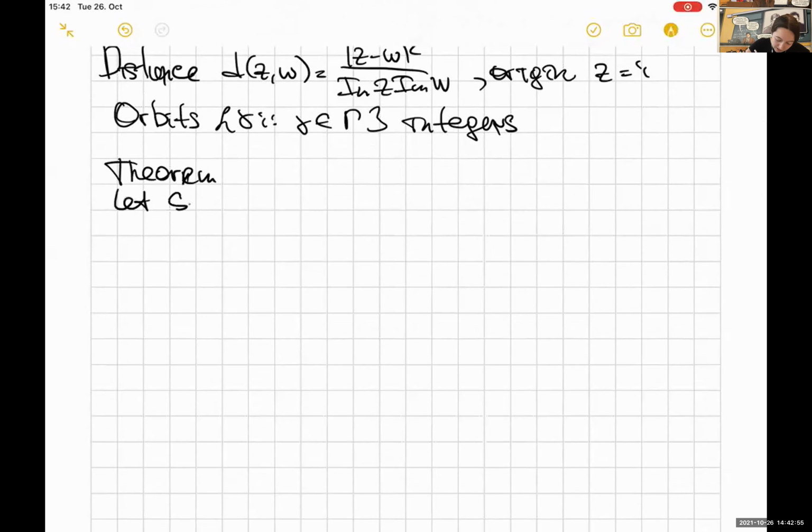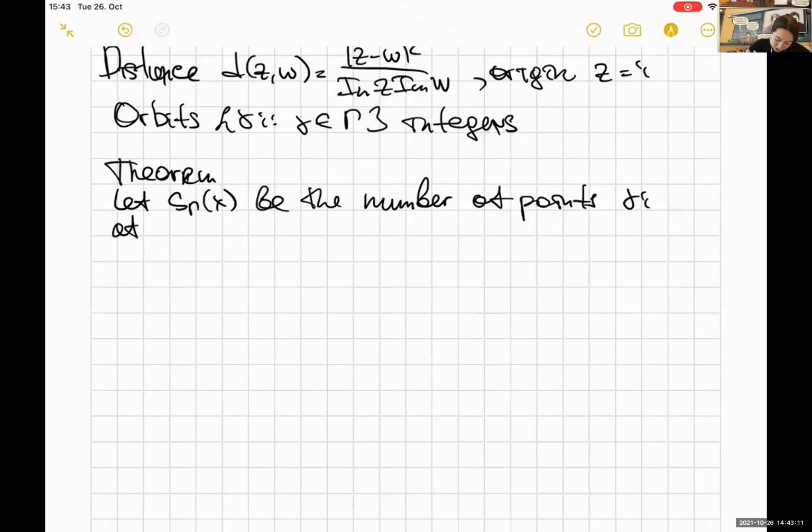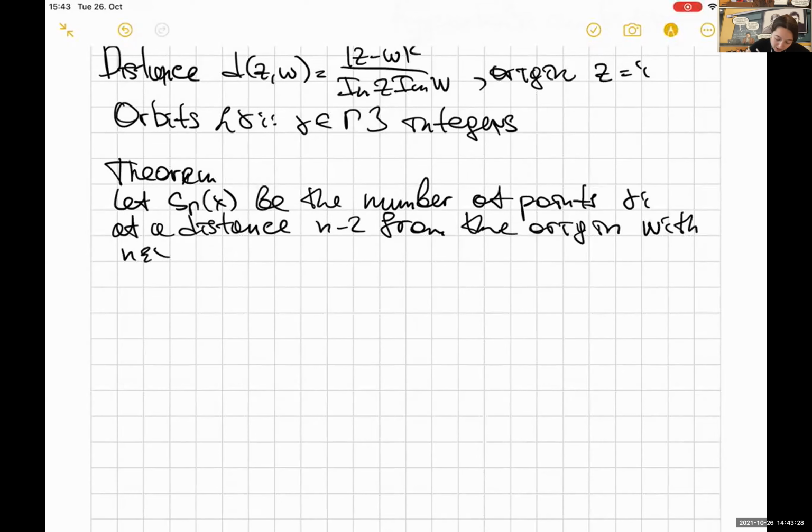We let S_Γ(x) be the number of points γ·i at a distance n − 2 from the origin, and we also require that n, going up to x, is square free, so μ²(n) = 1, where μ is the Möbius function.